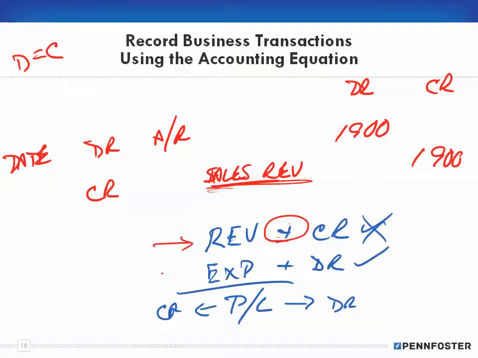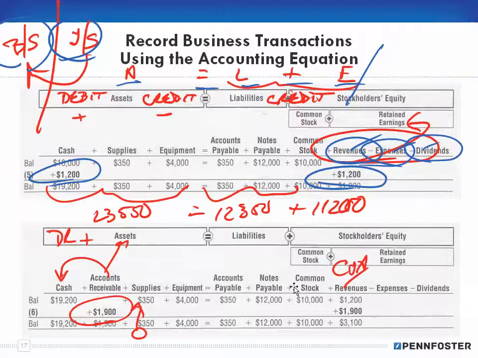Remember, revenues and expenses are categories, and the what of what increases is whether it's a debit or a credit. Pause, rewind, and watch the video again if you have to. I realize it's a lot of information, but to a certain extent you're memorizing the thinking process. Once you do it again and again and again, it becomes more and more second nature.